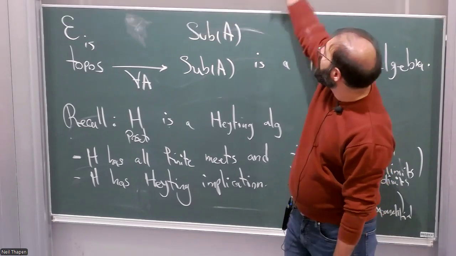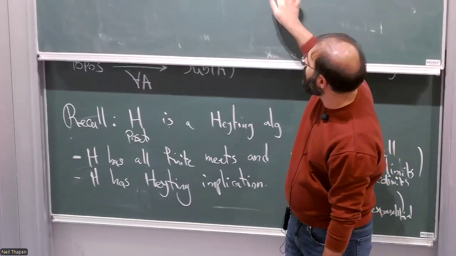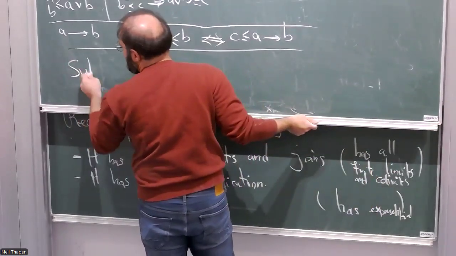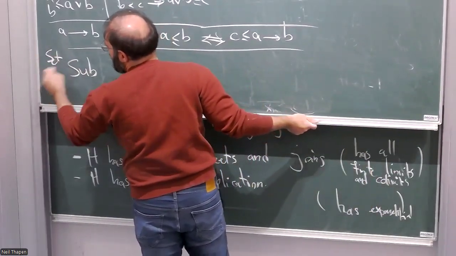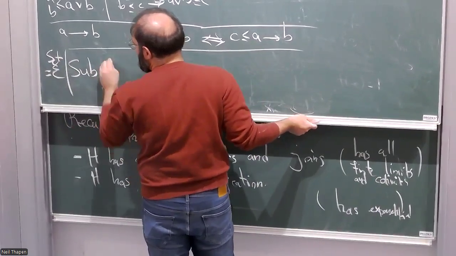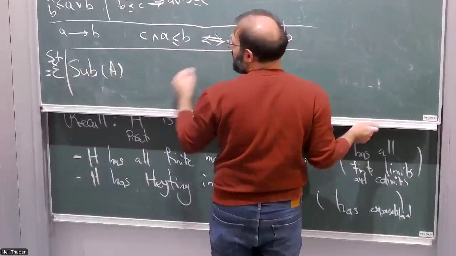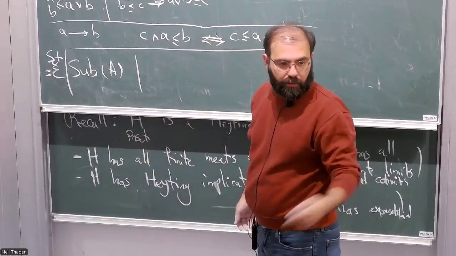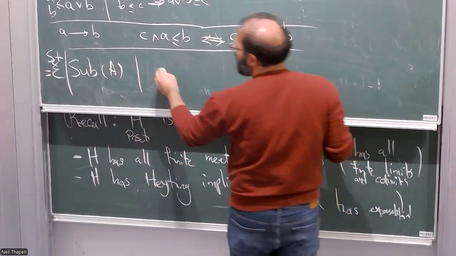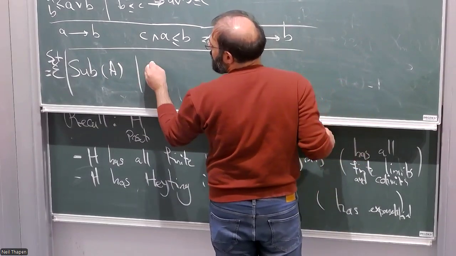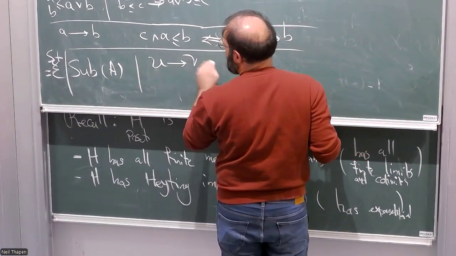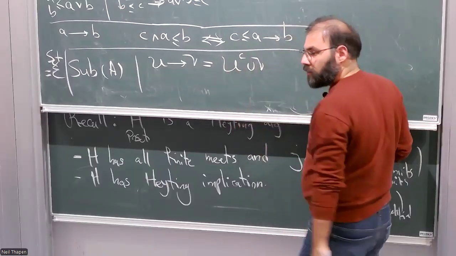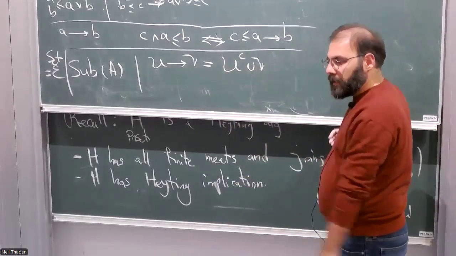In Set, we know this. If it is Set, Sub A is a Heyting algebra, and of course, because subsets you can intersect and union. But what is the implication? If I have two subsets, say U and V, it is just U complement union V, the usual Boolean negation.